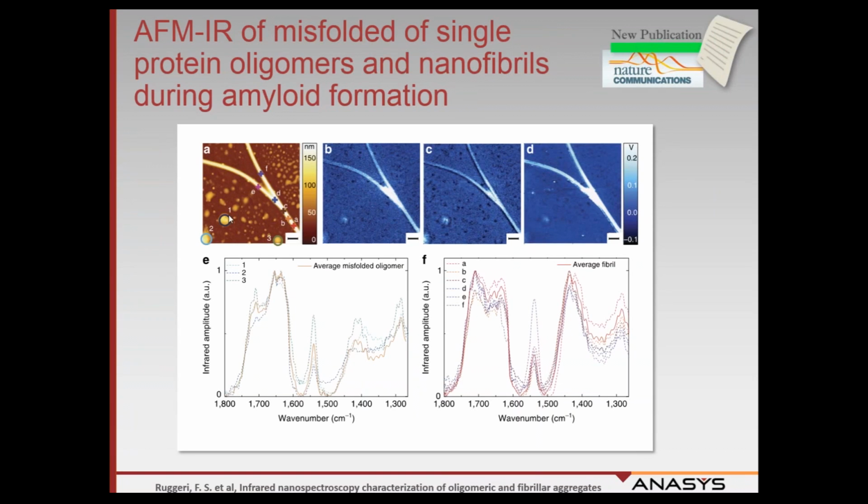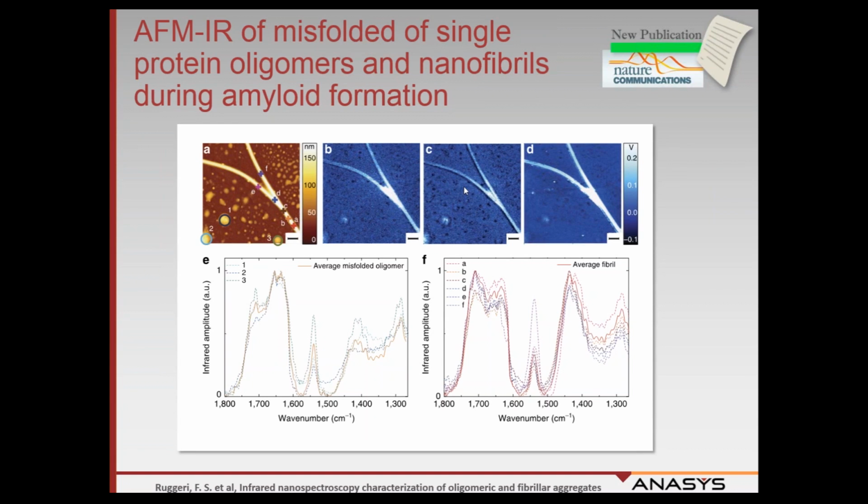For example, looking at the degree of protein misfolding in oligomers and nanofibrils. Basically, by looking at the shape of those peaks, they can see the degree of misfolding at what stage in the protein aggregation and amyloid formation process.